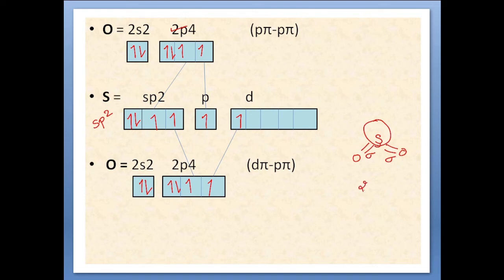So two sigma bonds. It also shares two electrons with two oxygen atoms to form two pi bonds. So one is p pi p pi type. This is a pi bond. Another one is d pi p pi type, and this is a pi bond.